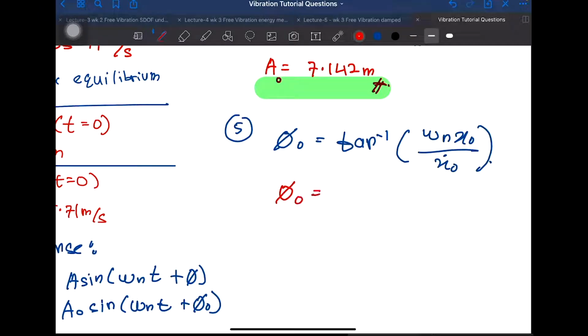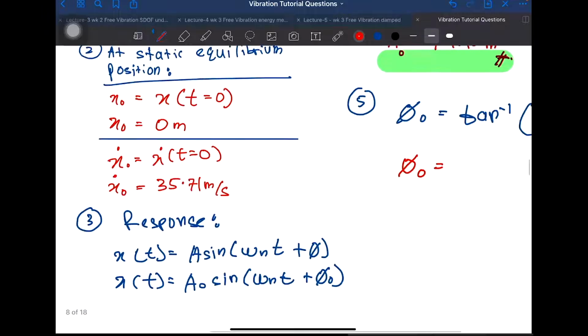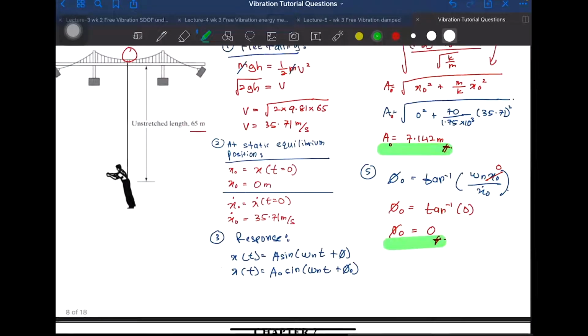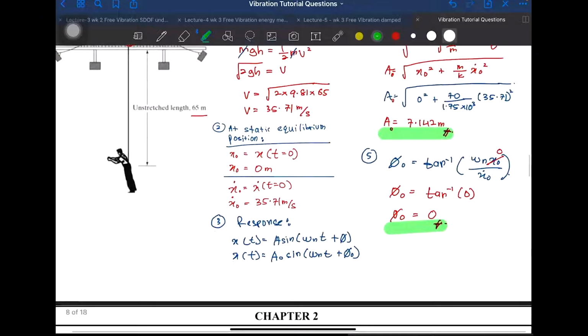But for this case, it is pretty obvious that your x naught is 0 meter. The displacement is 0 meter. So if this value is 0, then shift tangent 0 gives 0. Nothing to calculate here. Very easy. Once you have that, you can insert all the values inside your response. Insert your A and insert your phi, your angle, in the response.